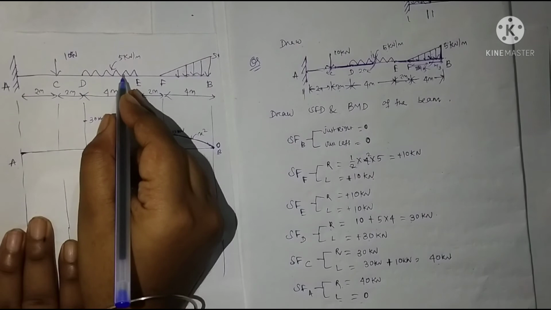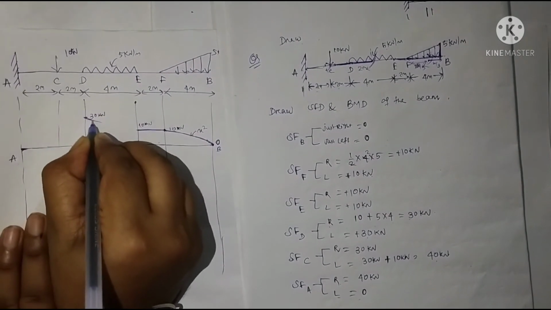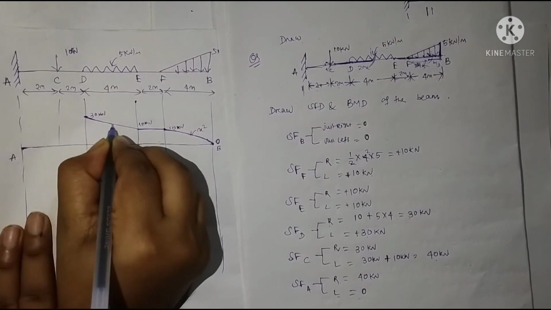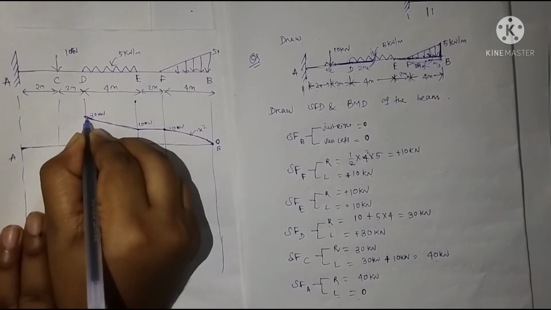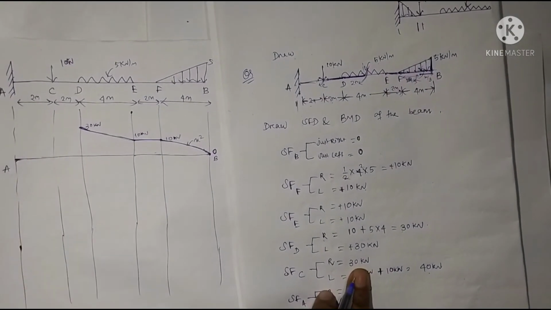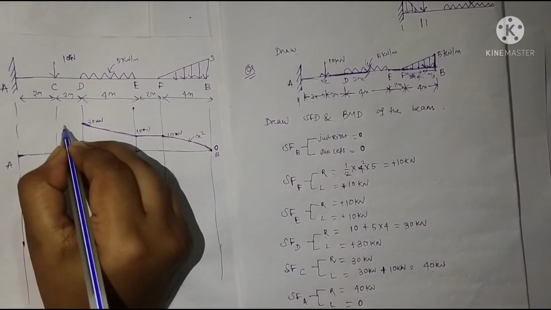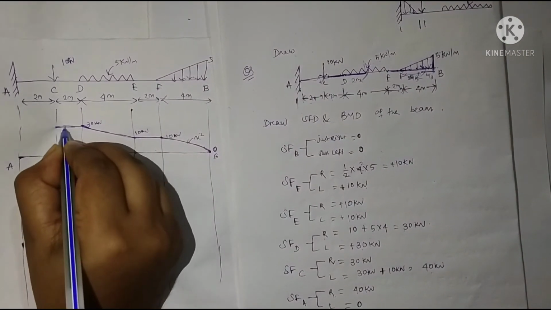Here a uniformly distributed load comes, so our diagram is linear. Now at point C, it will be 30 kilonewton, so connect it with a straight line.